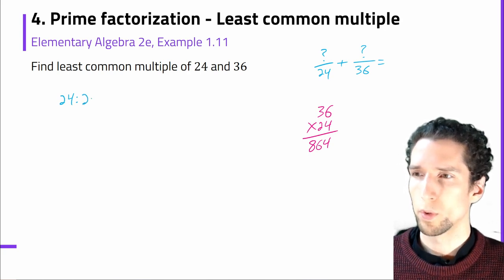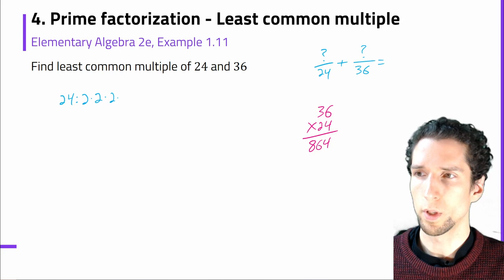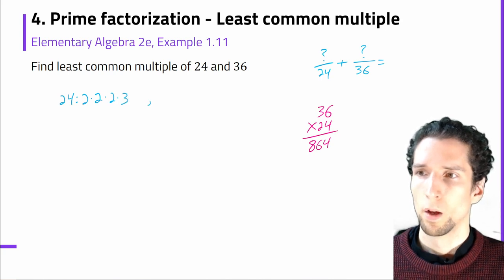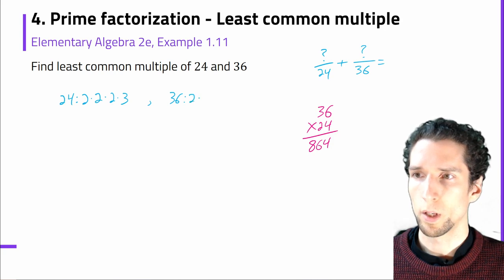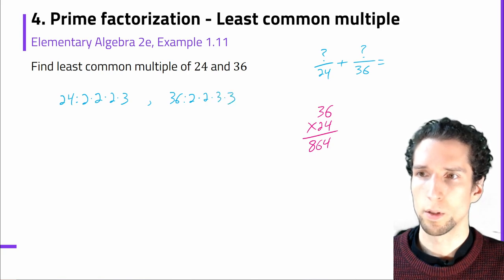So 24 is 2 times 12, and 12 is 2 times 6, and 6 is 2 times 3. All right, and 36 is 2 times 18, and 18 is 2 times 9, and 9 is 3 times 3.